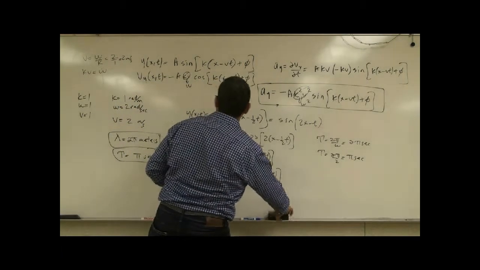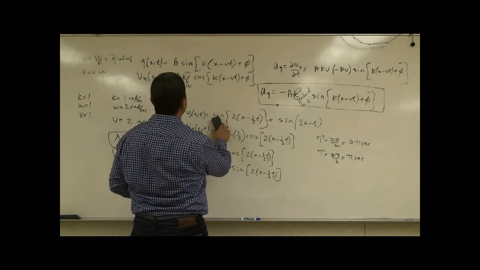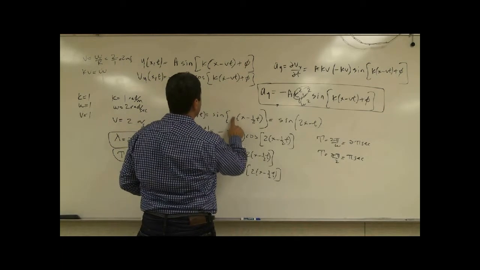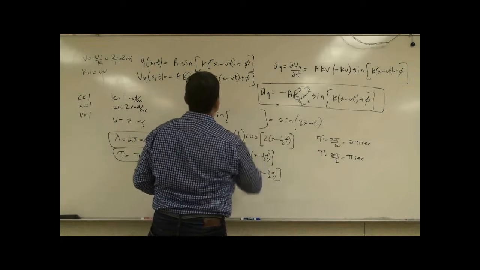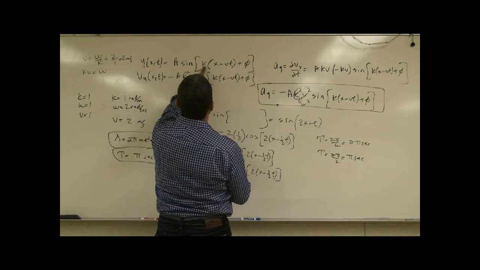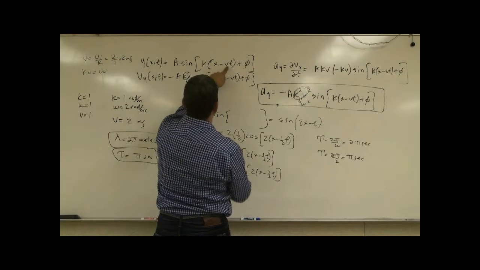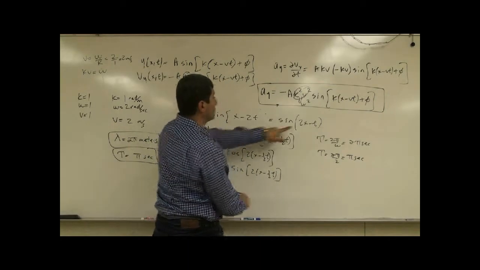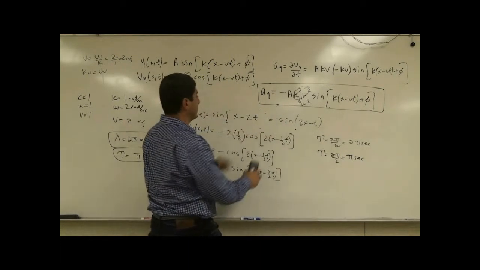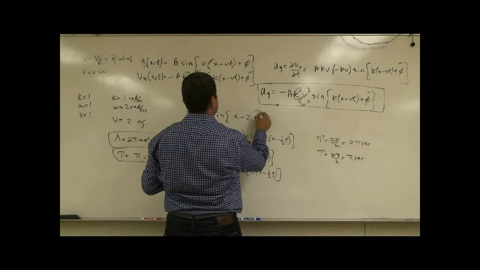The equation is going to change. So here it's going to be y equals sine of, this one is going to be 1, and then omega is going to be 2, right? So we put here 1, x minus 2t. Okay, so instead of 2x minus t, it's x minus 2t. Right?